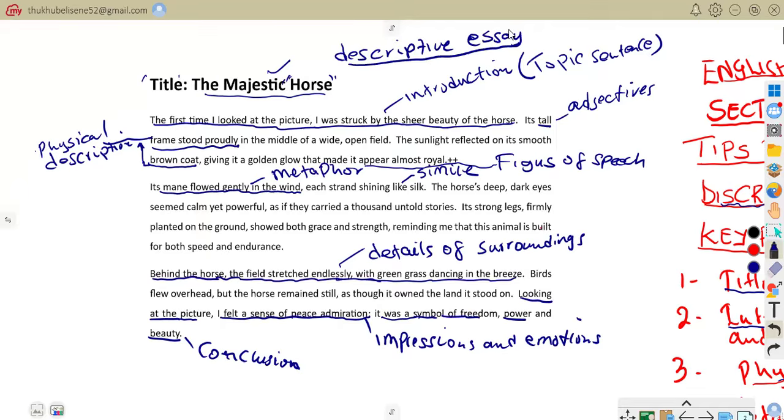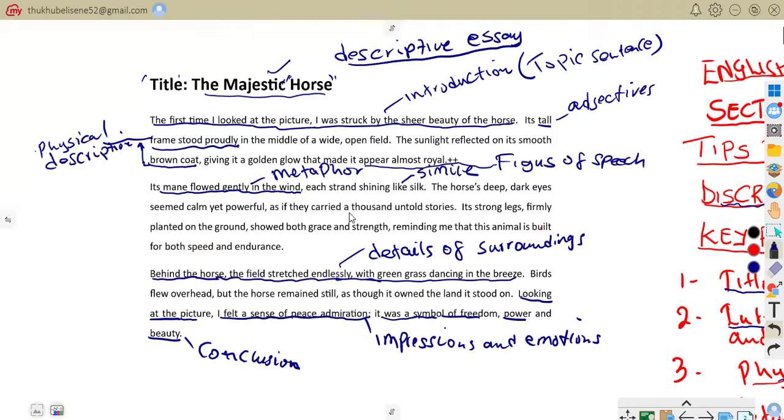The title: you are given a picture, make sure that you give it a very interesting title that will capture the interest of the reader and impress the examiner.